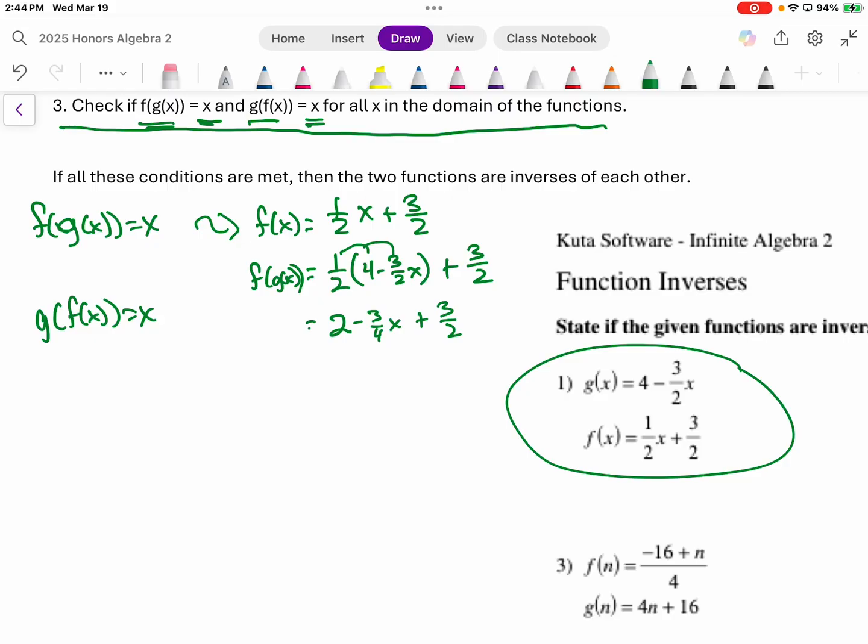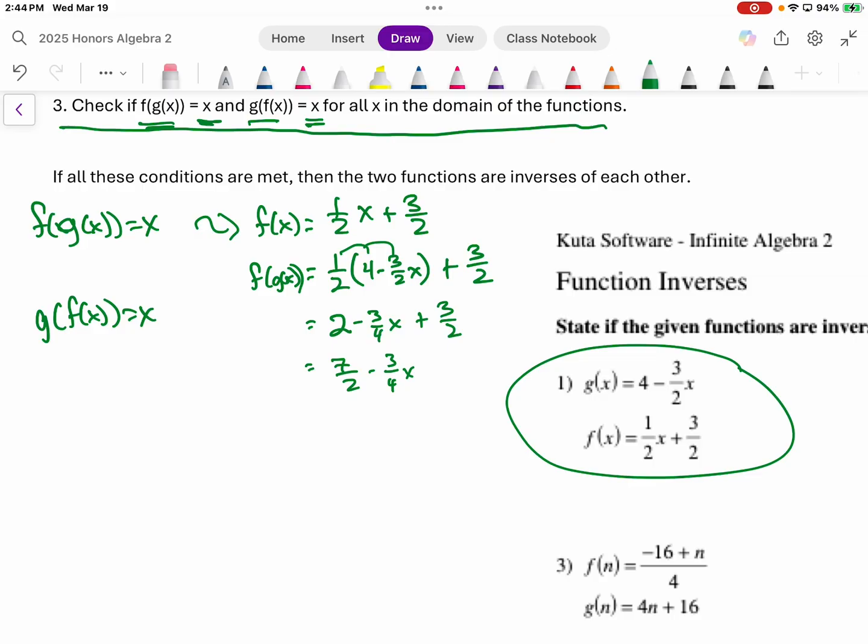And then now we go through and we simplify. 2 plus 3/2 would technically be 4/2 plus 3/2, which is 7/2, minus 3/4 x. Well, here I can probably stop because how many x's do I see in my problem? 1.